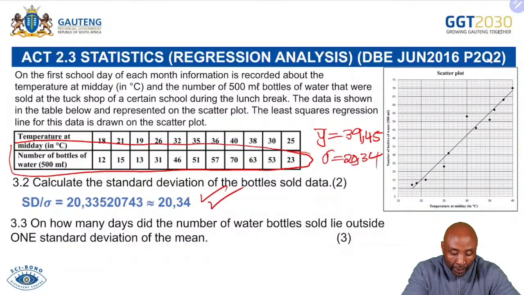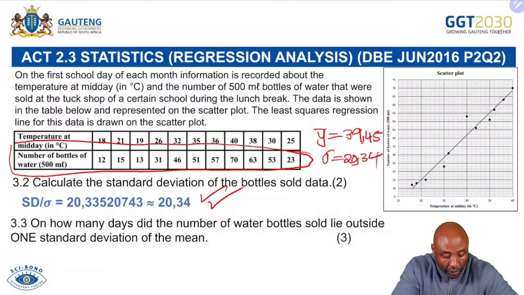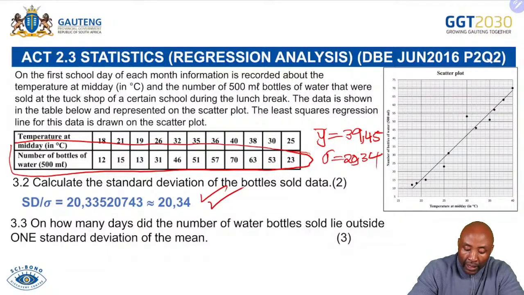3.3 is saying, on how many days did the number of water bottles sold lie outside one standard deviation of the mean? Now, remember, we used this in our univariate statistics analysis, one variable statistics. So we know that our mean is that one.